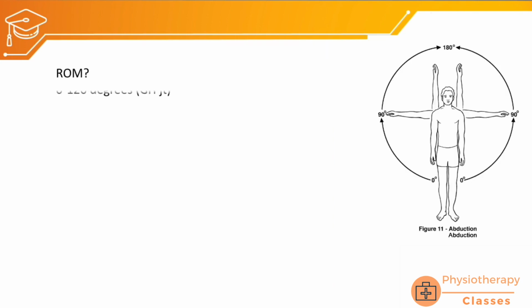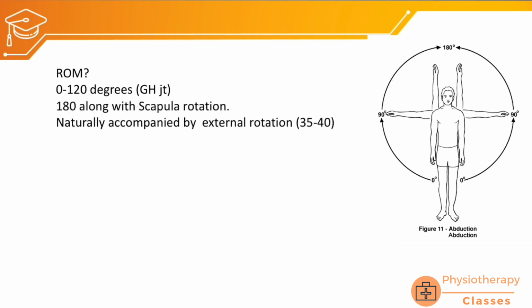The range of motion of abduction is 0 to 180 degrees, but at the glenohumeral joint it is 0 to 120 degrees. With the addition of 60 degrees of scapular rotation, the total of 180 degrees can be achieved for shoulder abduction. This shoulder abduction is naturally accompanied by external rotation of 35 to 40 degrees.